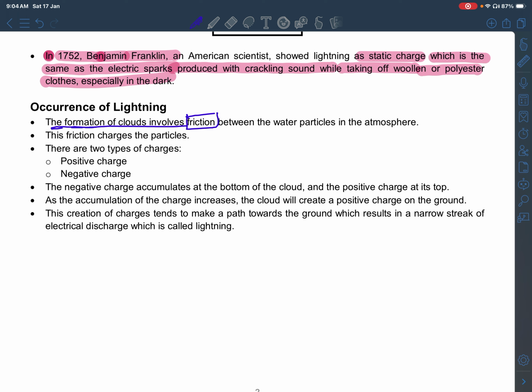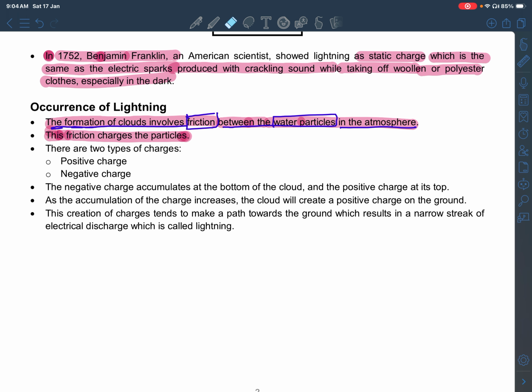Friction between the water particles in the atmosphere. Once again, the formation of cloud involves friction between water particles and the atmosphere. So this friction charges the particles.